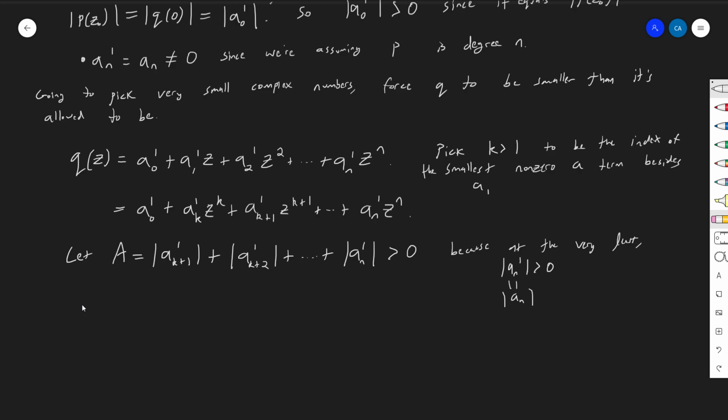So I'm going to pick some real number L, positive, so that the magnitude of a sub k, the actual first term that I do care about, divided by A, and then also divided by L, is less than 1. And then I'm going to say, let epsilon be less than that.